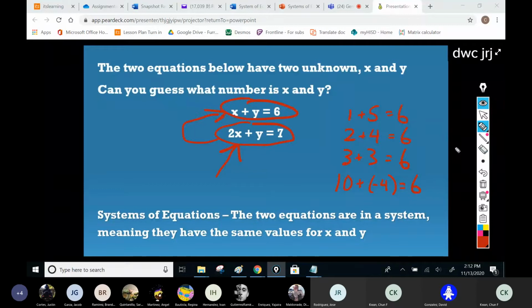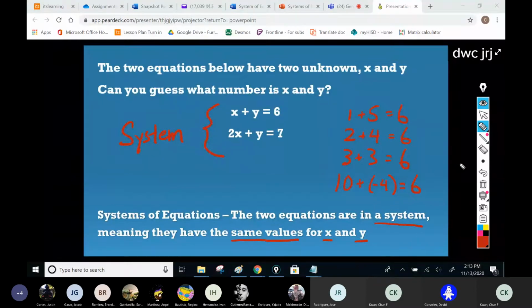You have to have at least two equations. And also, these two equations have to be in a system. So what does a system mean? The two equations are in a system, meaning they have the same values for x and y.